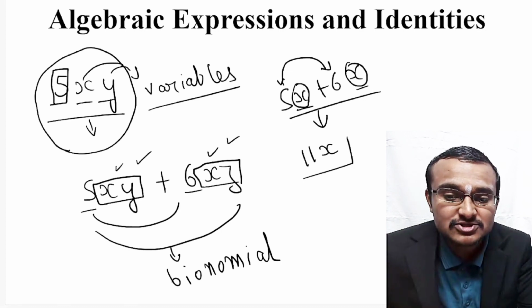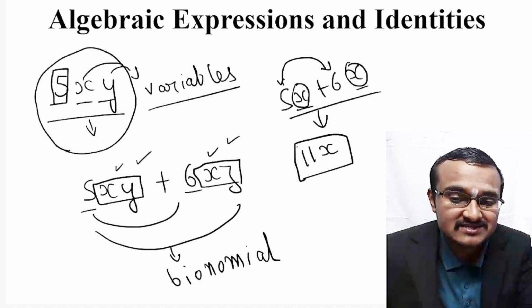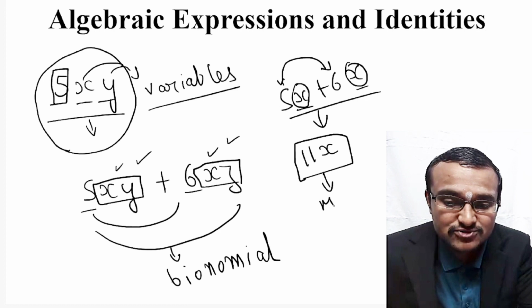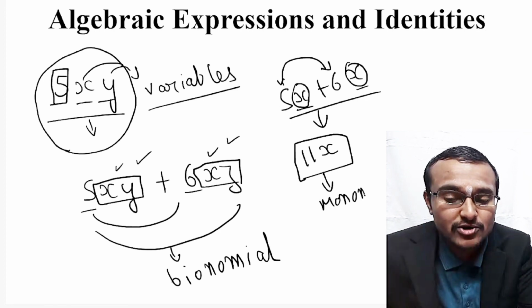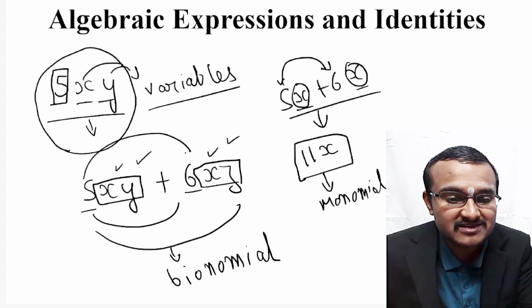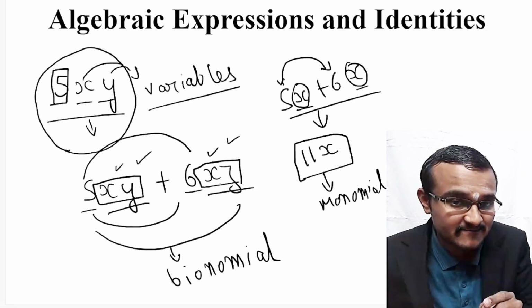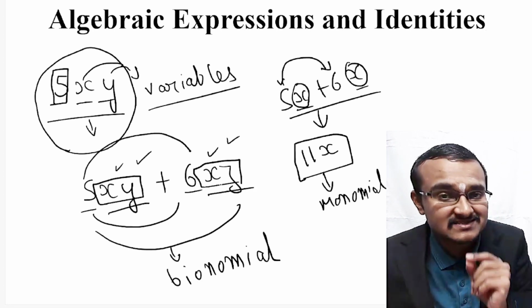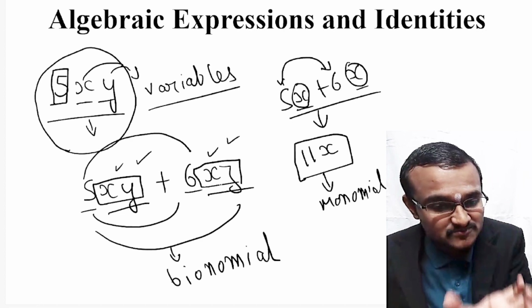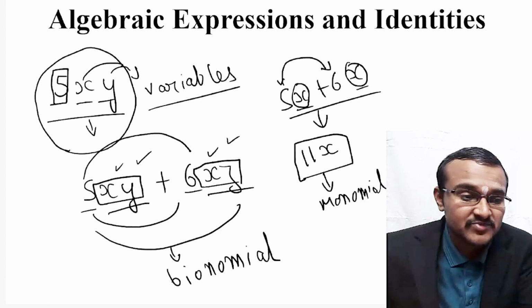So now 5x plus 6x has reduced to 11x. That means it has reduced to a monomial. In the earlier case, you cannot perform addition between 5 and 6 because the variables are different. That's why that algebraic expression is a binomial.